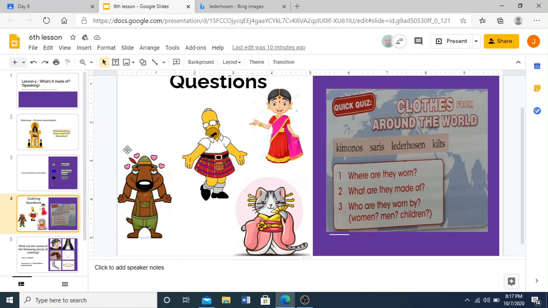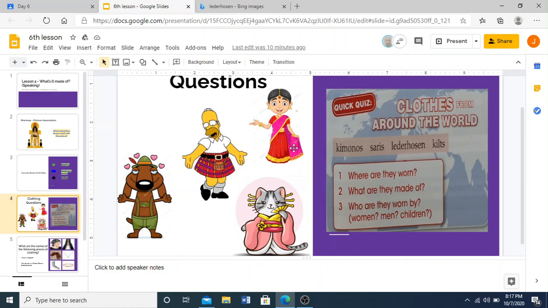The Lederhosen originates from Germany. This is a picture of the kilt. The kilt is Scottish, and this, of course, is popular right here. Sari, I think, is Indian.